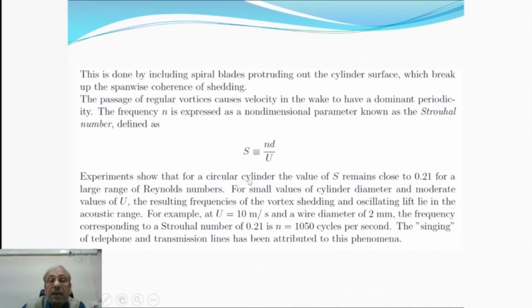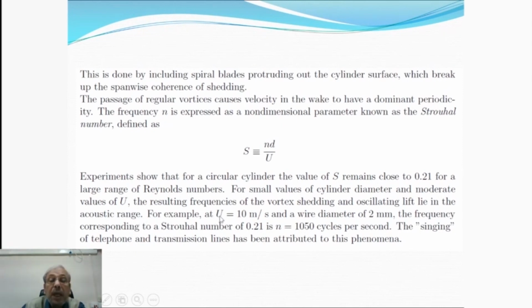Experiments show that for a circular cylinder the value of S remains close to 0.21 for a large range of Reynolds numbers. For small values of cylinder diameter and moderate values of U, the resulting frequencies of the vortex shedding and oscillating lift lie in the acoustic range.